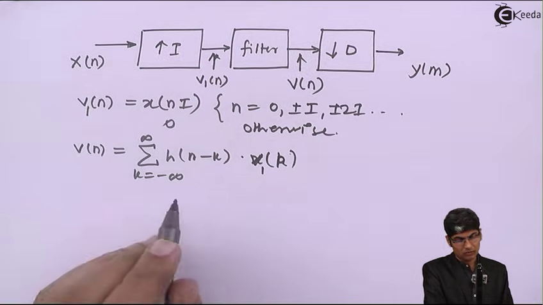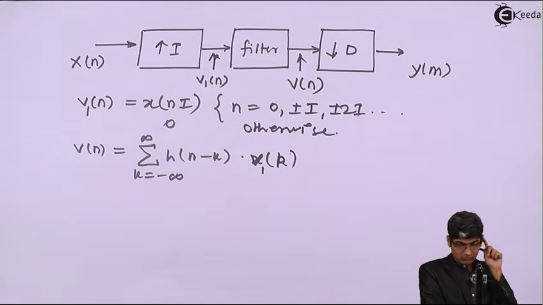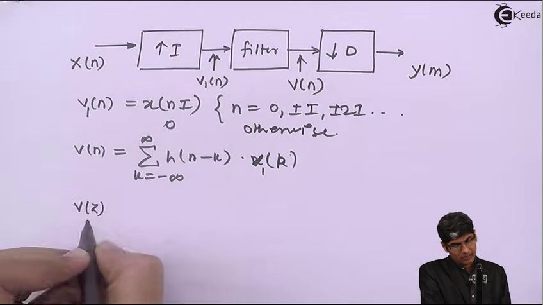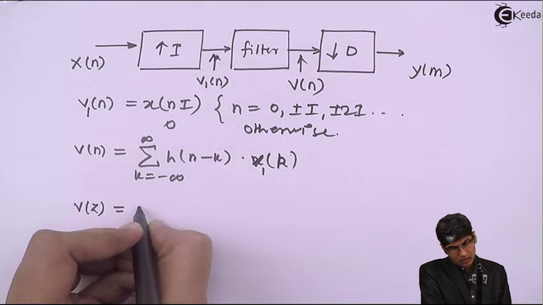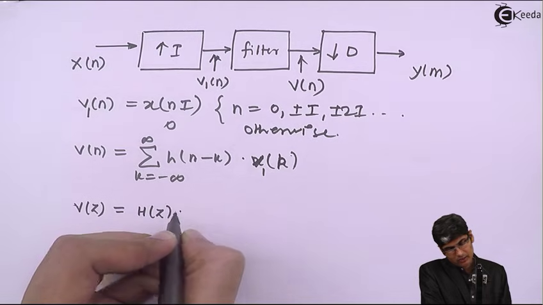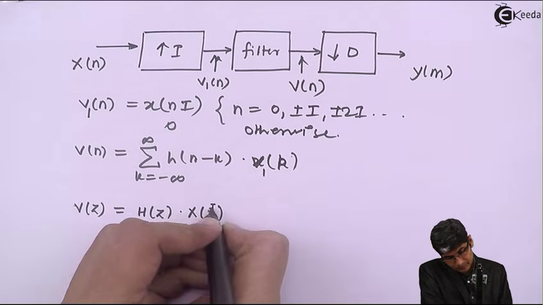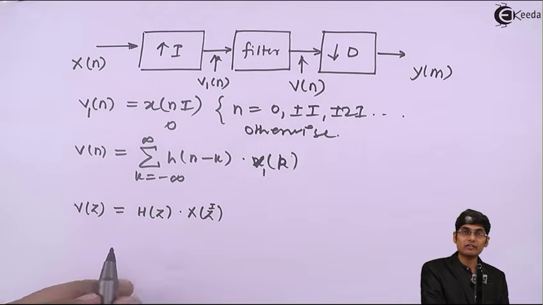Now from here we can say that if I take the z transform of this, then v of z will be equal to h of z into x of z raised to I, because we are doing the interpolation here.